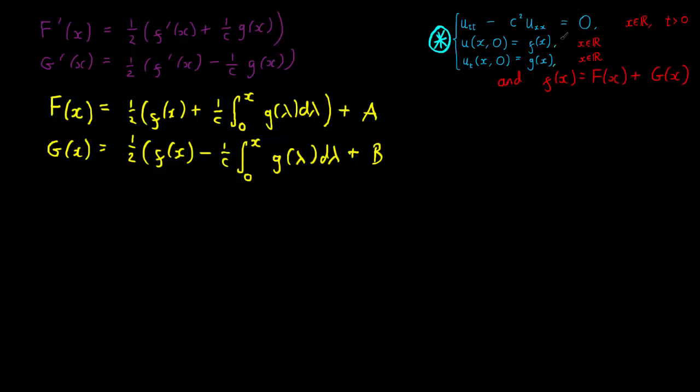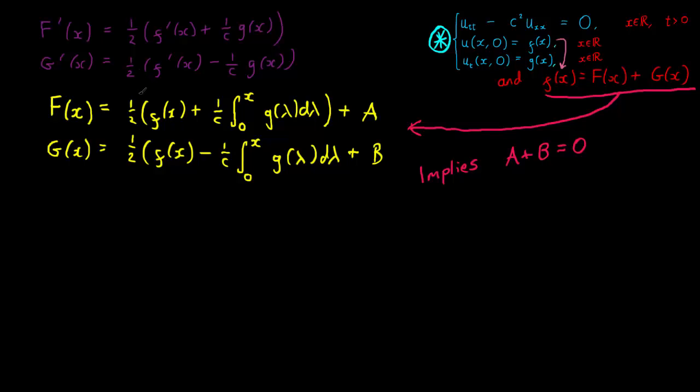But we can say something about those, because we had from the initial condition involving little f that little f was equal to big F plus big G earlier on in the proof. So now we're going to use that condition to show that a plus b must be equal to 0.